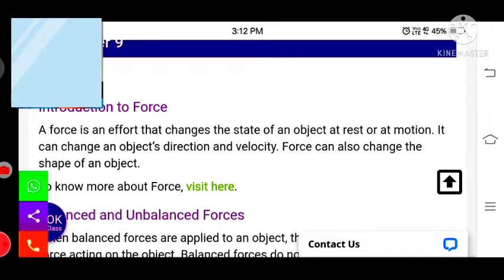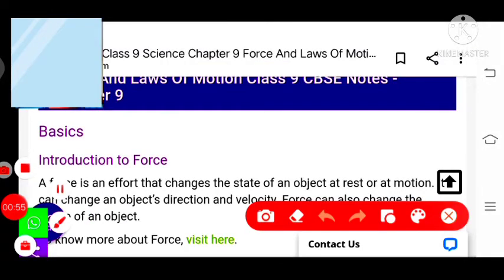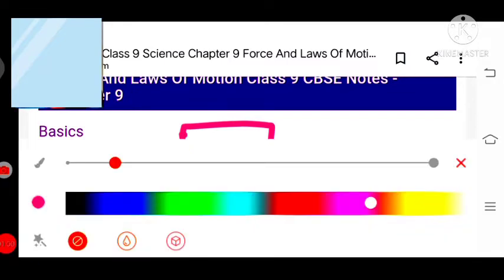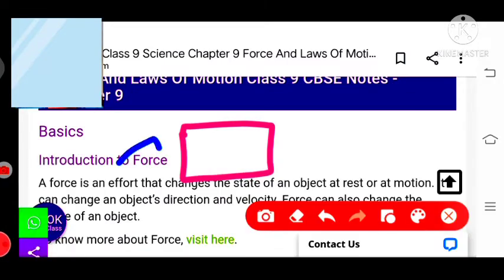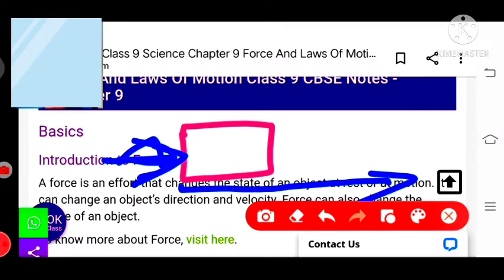Like, if an object is at rest and we apply some force to it. Like a box is at rest, we apply force to the box in a direction, and the box will move in this direction.